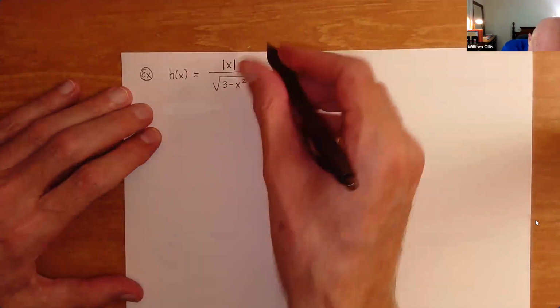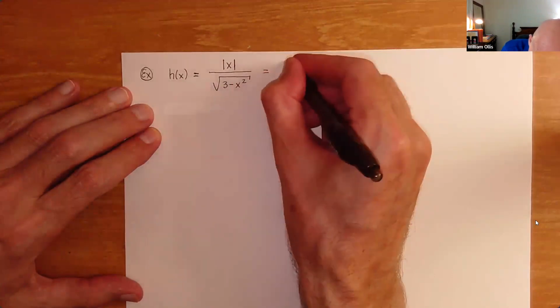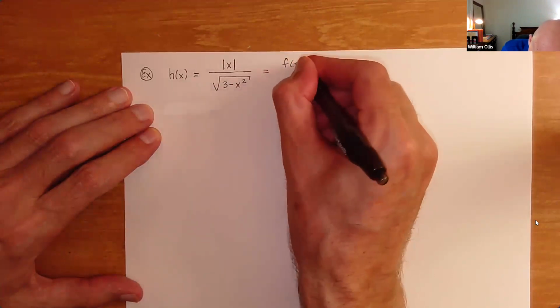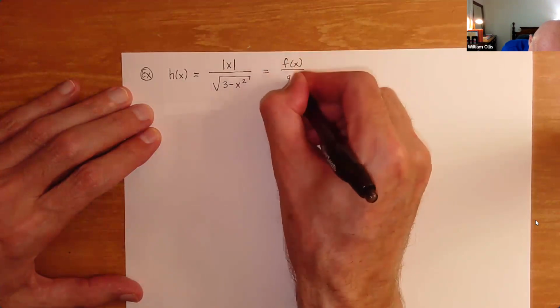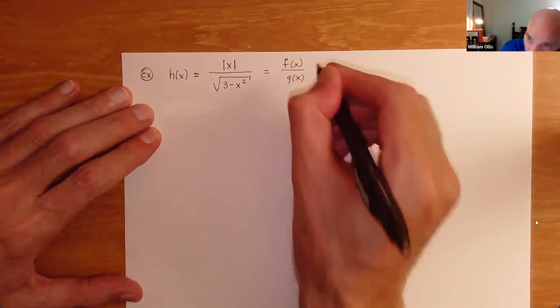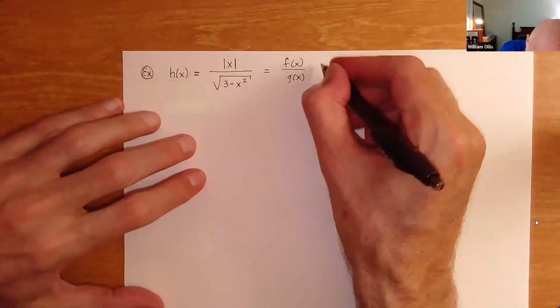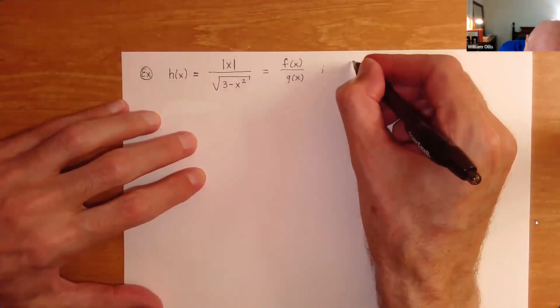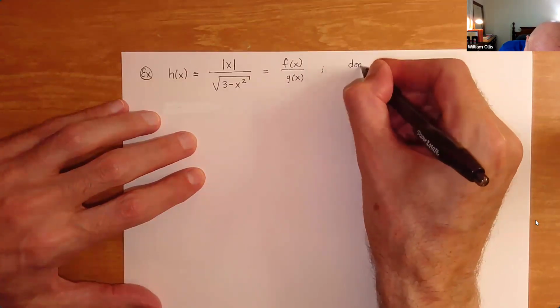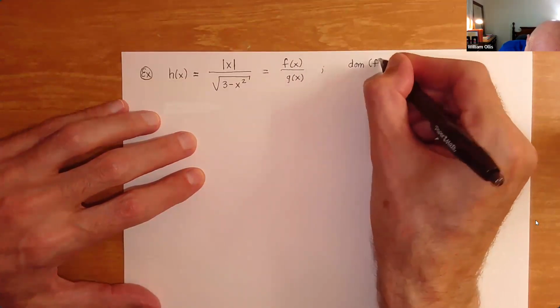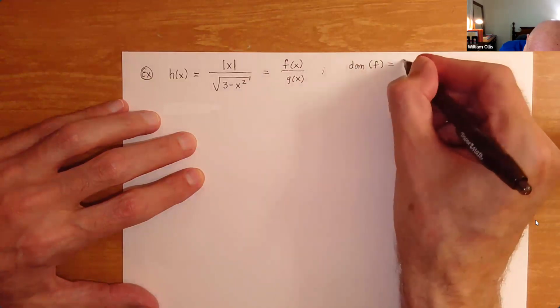So we can look at this as f of x divided by g of x, thinking about the algebra of functions. The domain of f is just the domain of the absolute value function, which is all real numbers.